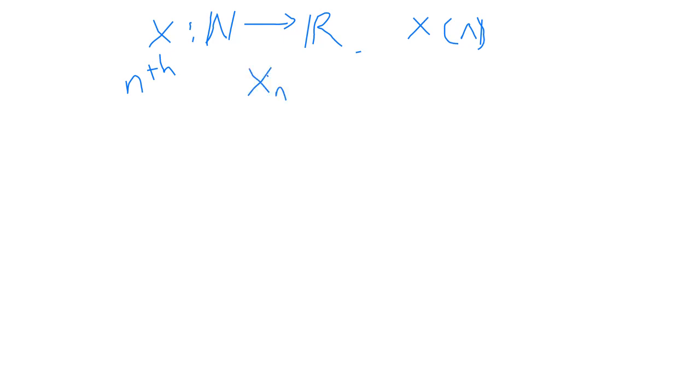By the way, those are lowercase x's. I keep writing capital because on this board it's not so easy to write lowercase. All x's so far are lowercase. So instead of x of n, we usually denote the nth element in the sequence by x sub n.